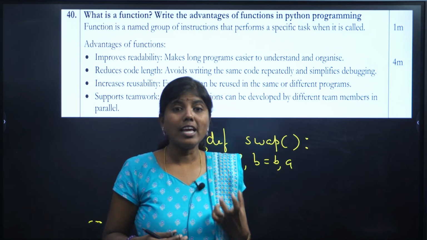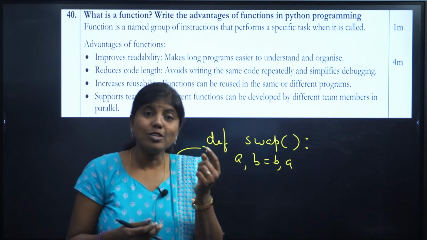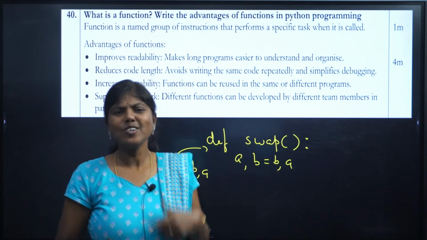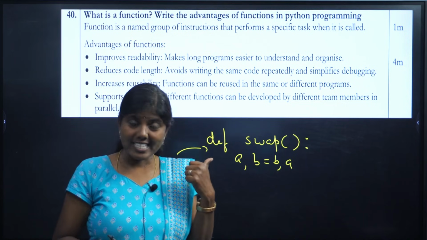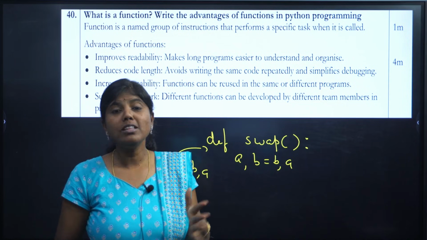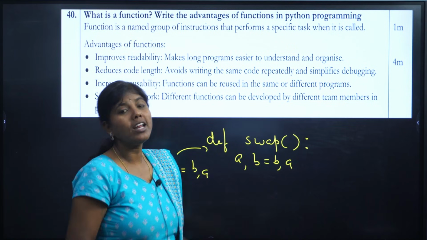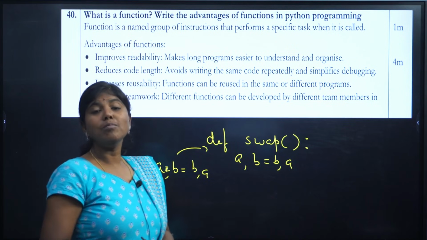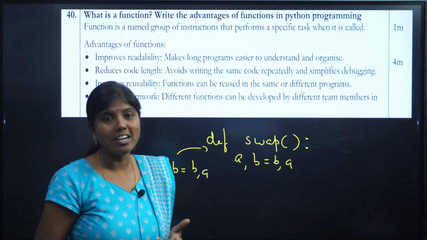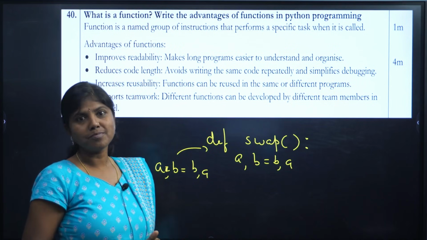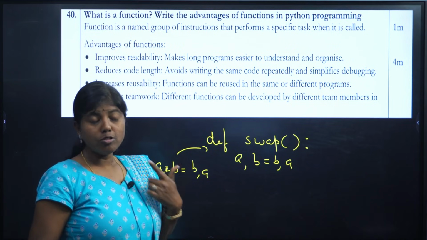A function takes the memory only once, and you call it again and again. If you write that instruction again and again, the memory is not used efficiently. It's memory efficient.